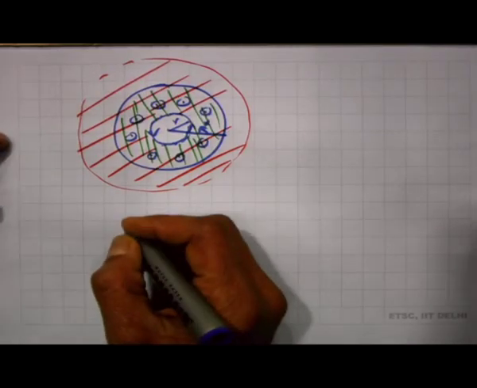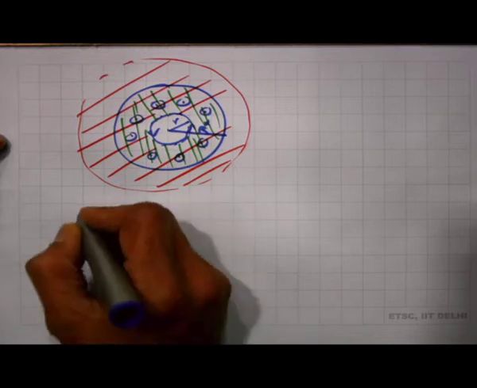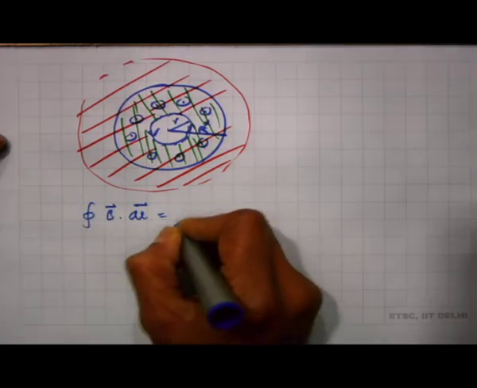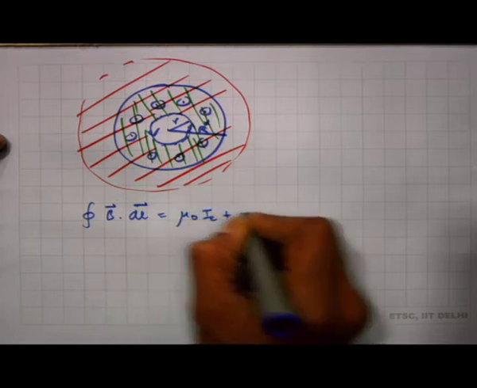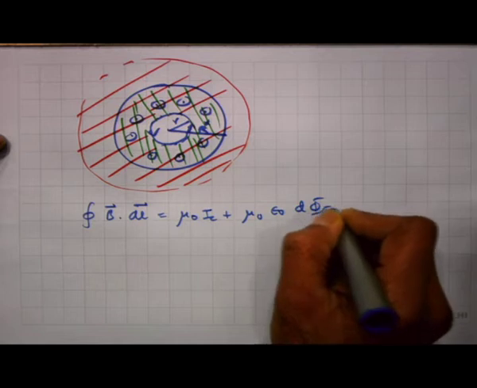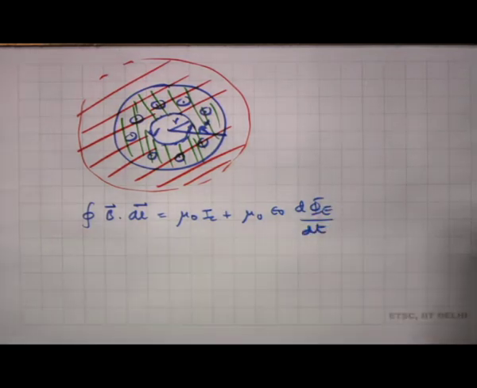So, I have to consider both currents in this equation, which is B dot dl, again let me write, equal to mu naught I conduction plus mu naught epsilon naught d phi E by dt. I must consider both of them.